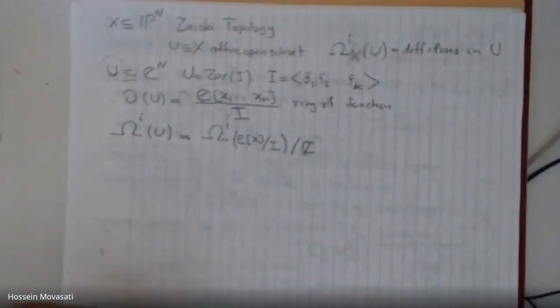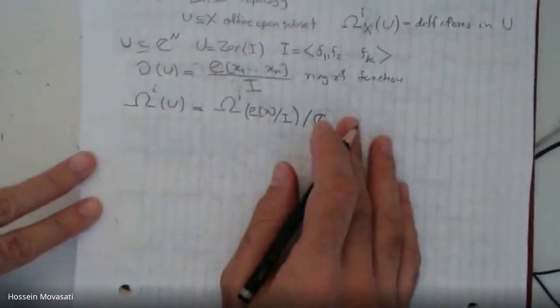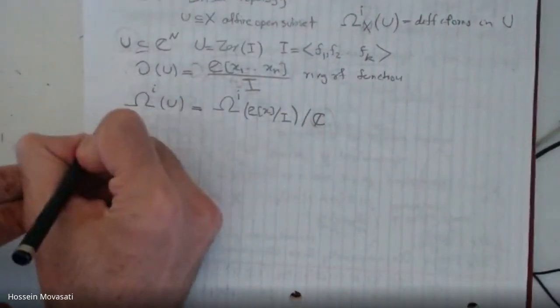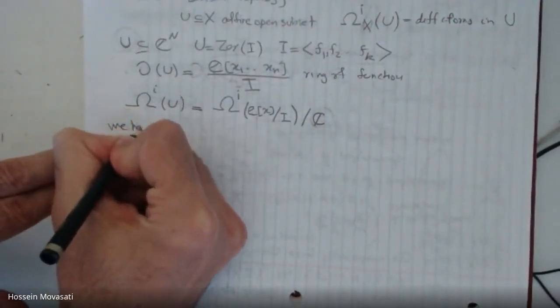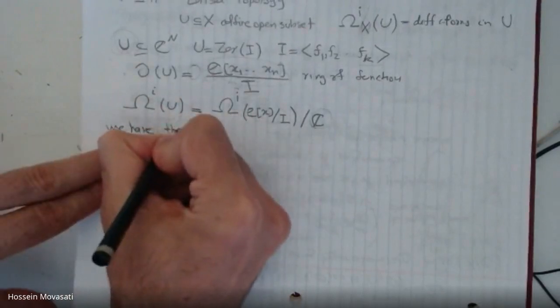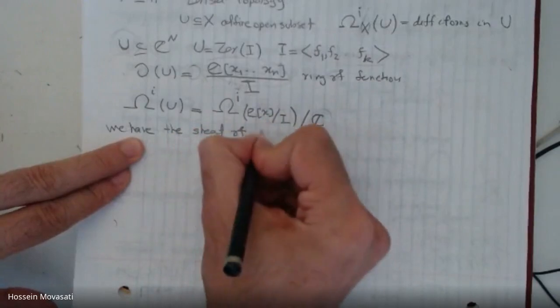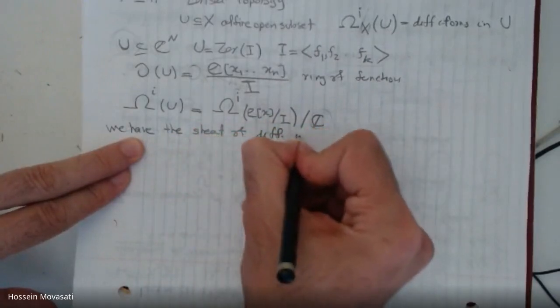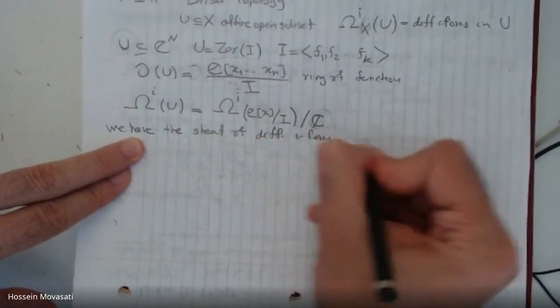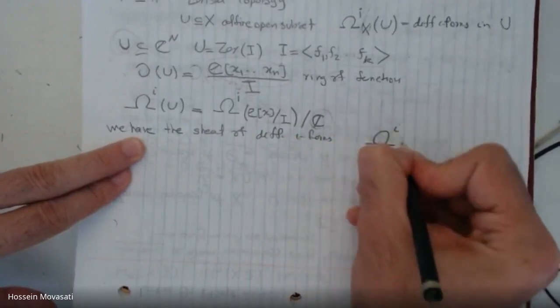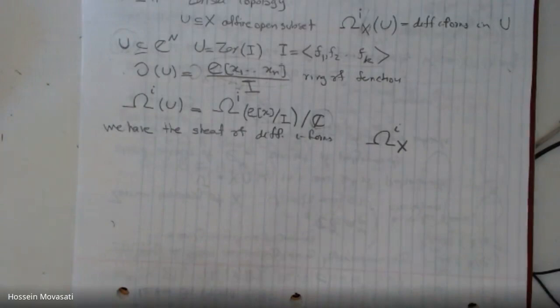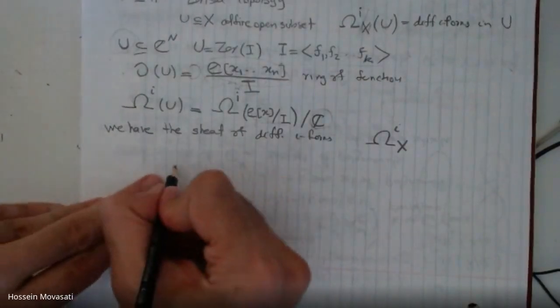Okay. So the moral of the story is that at the end we have the sheaf of differential i-forms, Omega^i_X on X, and also we have this complex.